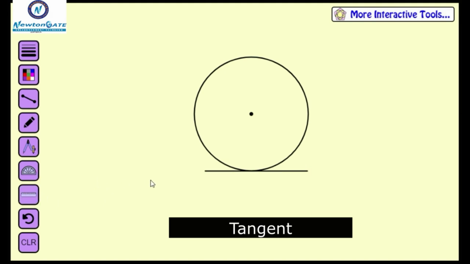Here we can see that the line touches the circle in such a way that they have only one common point, and it is denoted by P. This type of line is called a tangent, and the common point P is called the point of contact. So what is a tangent? A tangent is a line that touches only one point on the circle, and the word tangent comes from the Latin word tangere, which means touch.